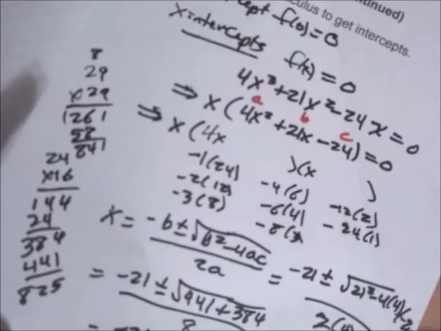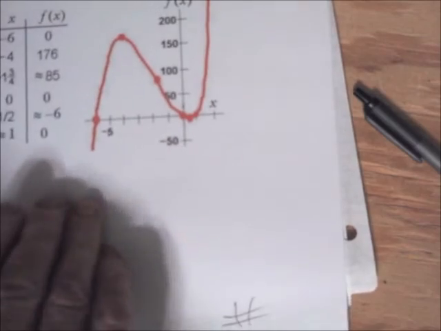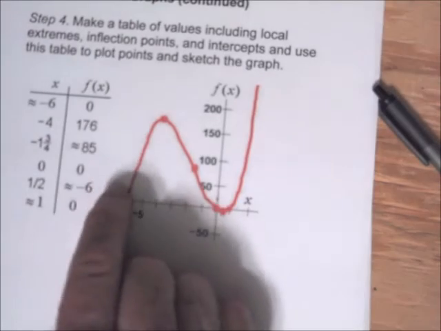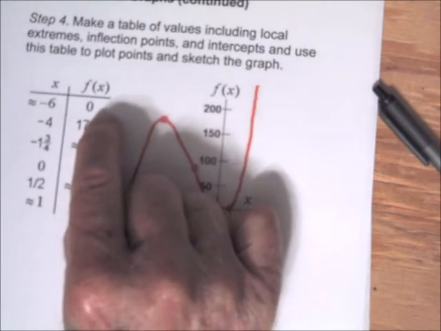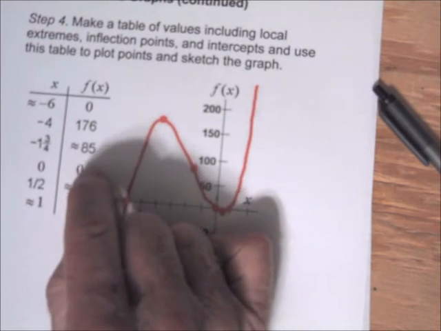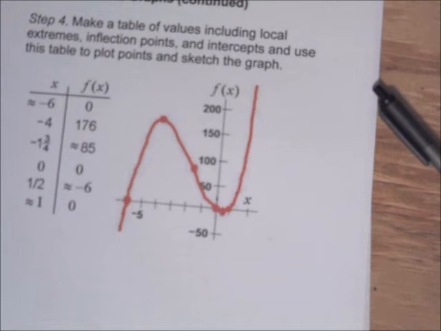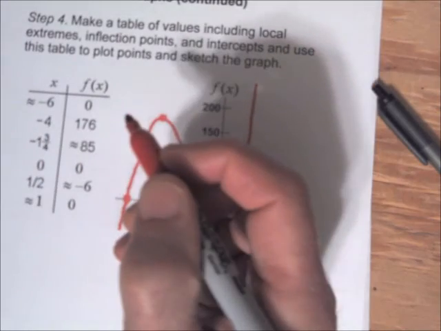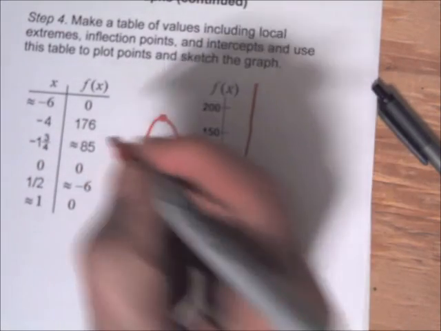So then we can plot some points and sketch the graph. We have the intercepts at negative 6, 0, and 1. And then this is a local max.